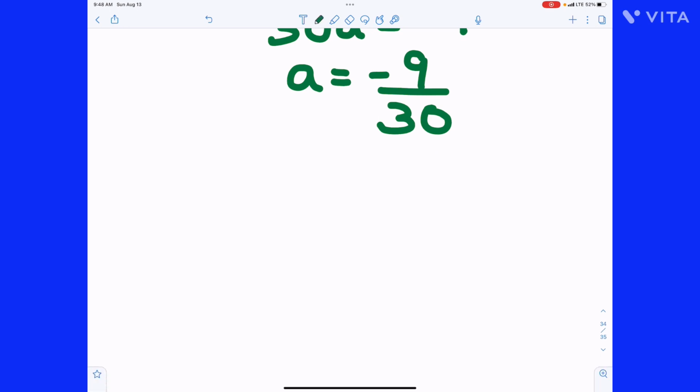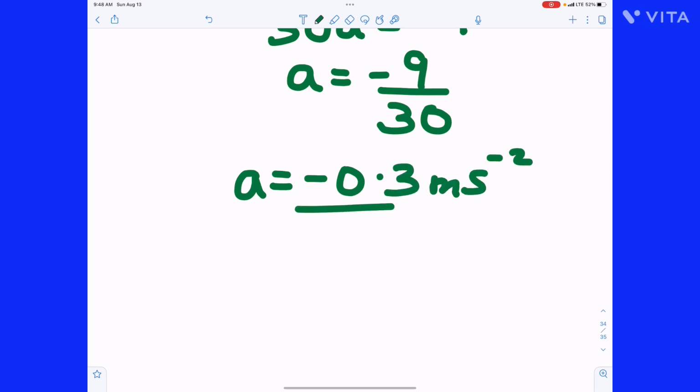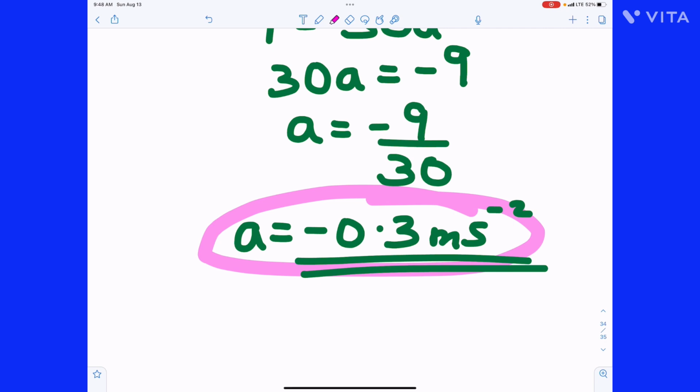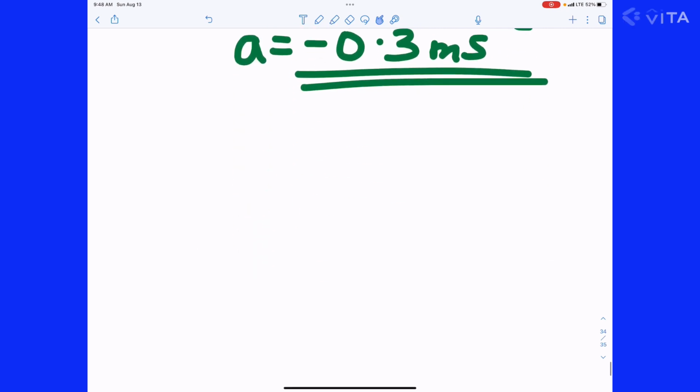I have a wonderful calculator here. So A is minus 0.3 meters per second squared. This means that it slows down at this rate, because that's a deceleration, a negative acceleration.